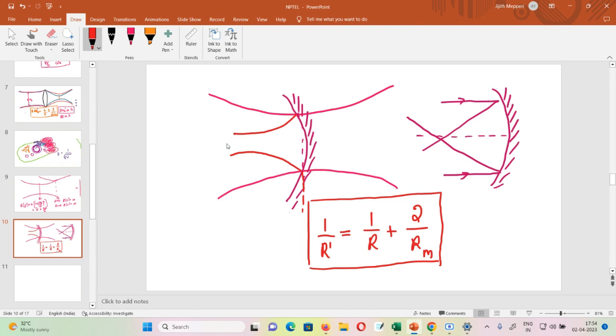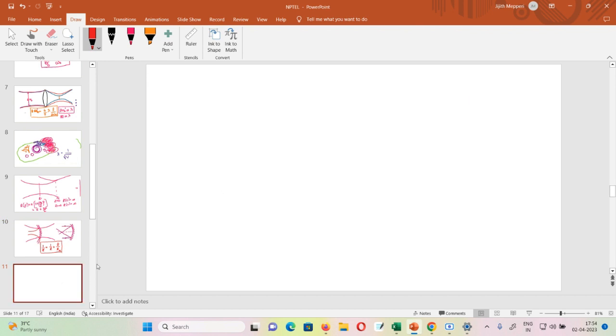You can substitute in 1 by r prime is equal to 1 by r plus 2 by rm. Now this mirror is kept at the beam waist. At the beam waist, z is equal to 0, so r will be equal to infinity.